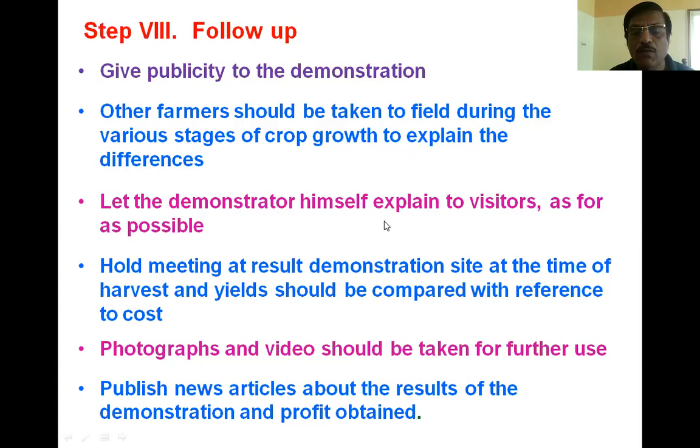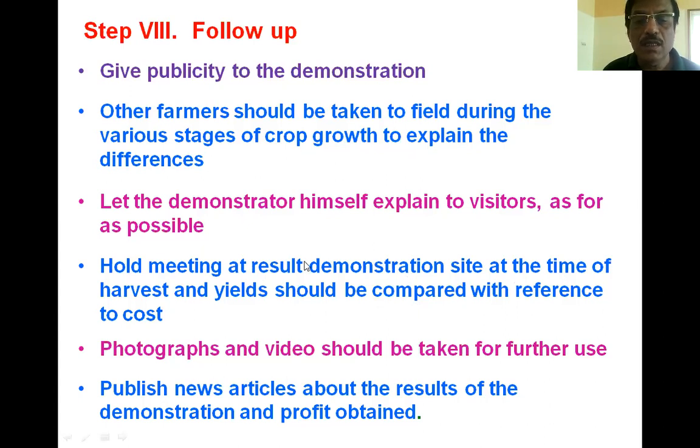As far as possible, allow the demonstrating farmers to explain to the other farmers, so that it leads to confidence in the other farmers. If the farmer himself is telling in his own words about the improved cultivation practices, it leads to confidence in the other farmers.